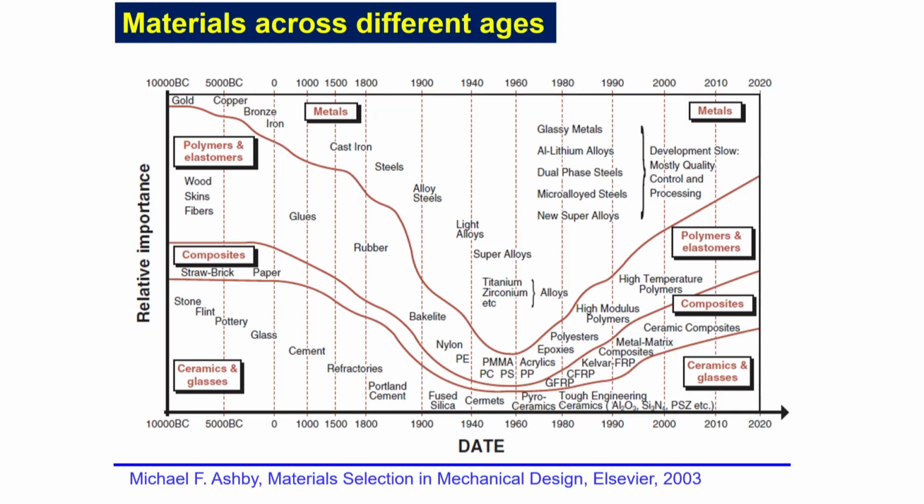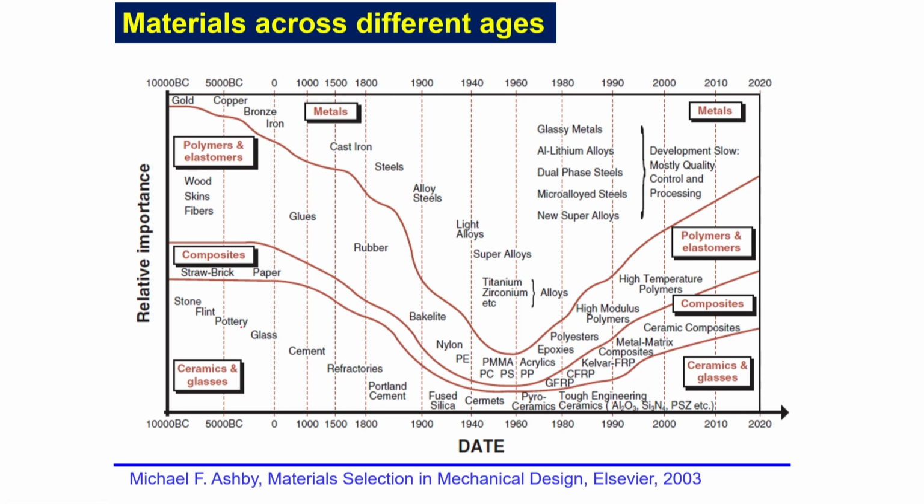Now, Michael Ashby has given a chart, materials across the ages. You can see here how materials have been used starting from 10,000 BC to 2020 or even more. You can clearly see different alloys came: gold, copper was used at the time, copper is bronze, then iron, cast iron, steels, alloy steel, light alloys, super alloys, titanium alloys, and many different materials discovered in the case of metals.